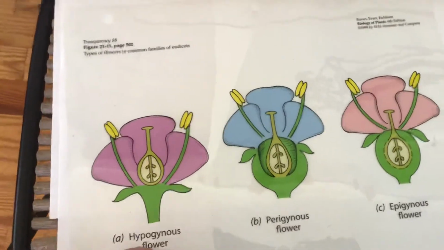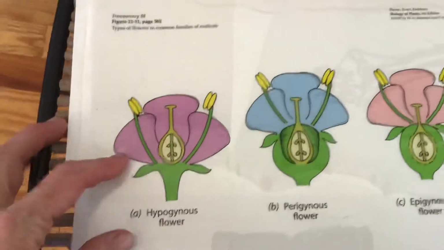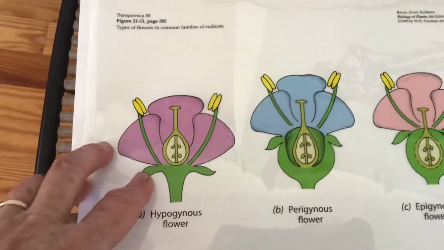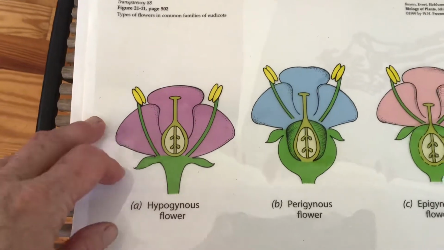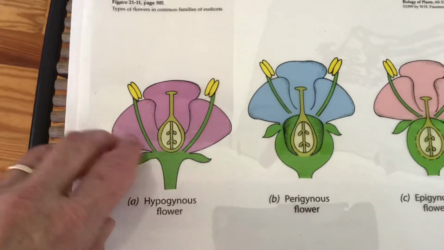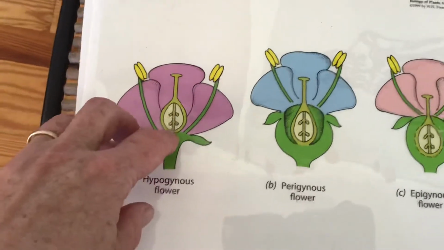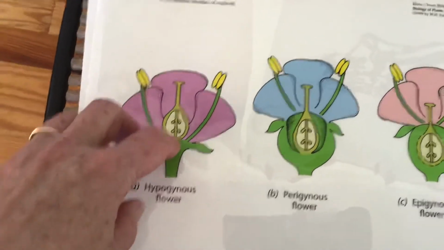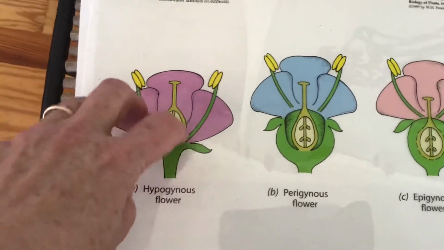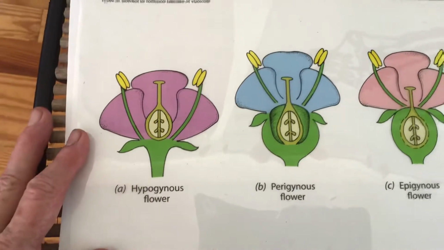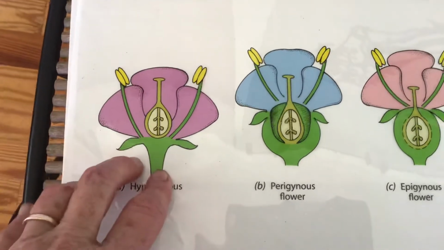This is fairly common, where you have just what we have been talking about in terms of theory. That is sepals first, petals next, stamen next, and the ovary, that is the carpel, on top. This would be the ovary superior to everything else. So it's on top, or the other flower structures are below.